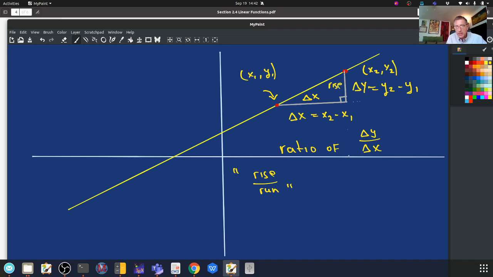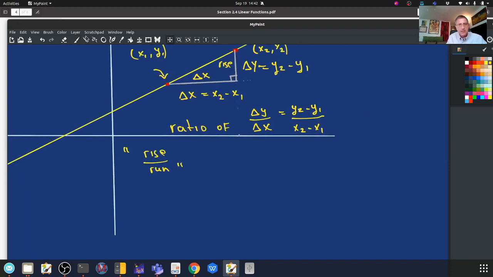By rise, I just mean this leg of the right triangle. Well, it's equal to y2 minus y1 over x2 minus x1. And what is this? This is defined to be the slope of the line.